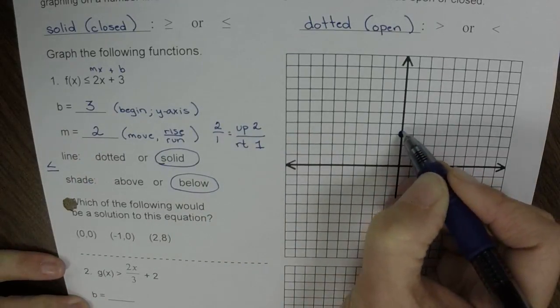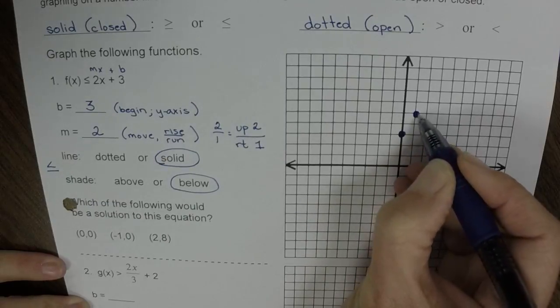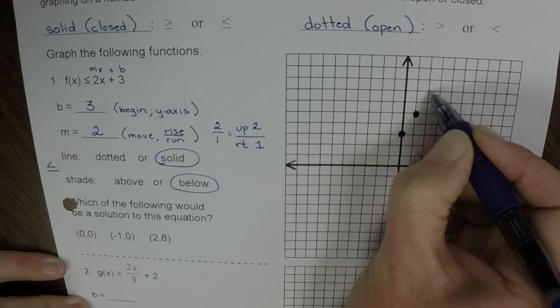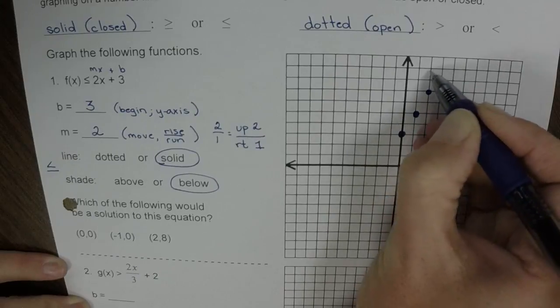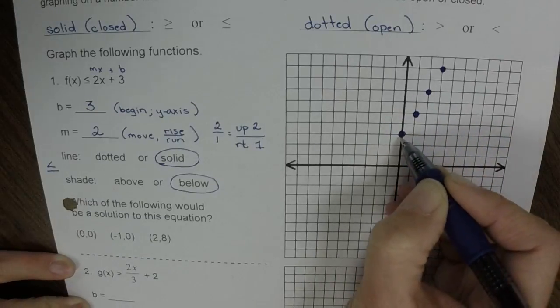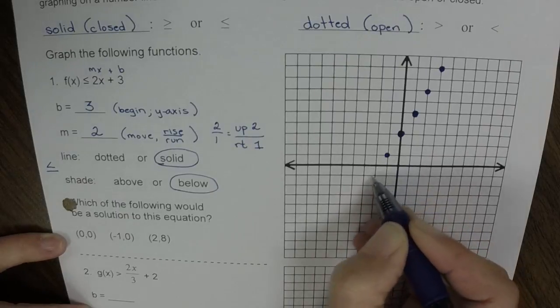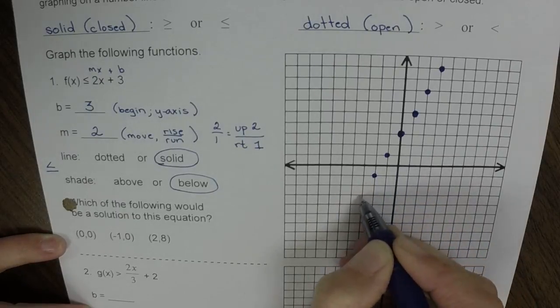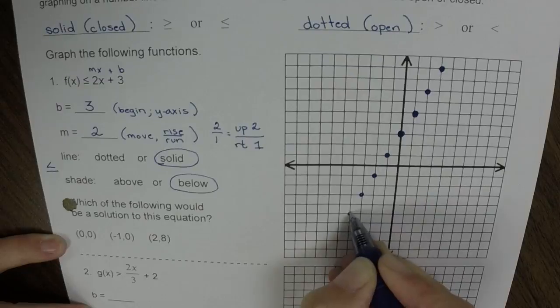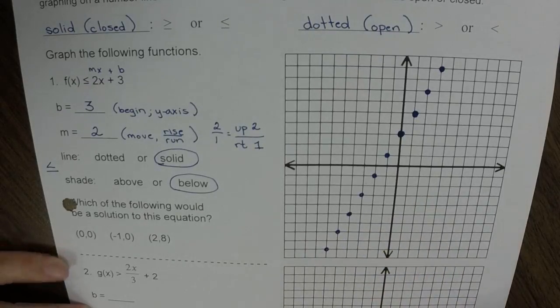So up 2 over 1. And then to get more points, I would go the opposite, so down 2, left 1. You're going to want to put as many points as you can on the graph.